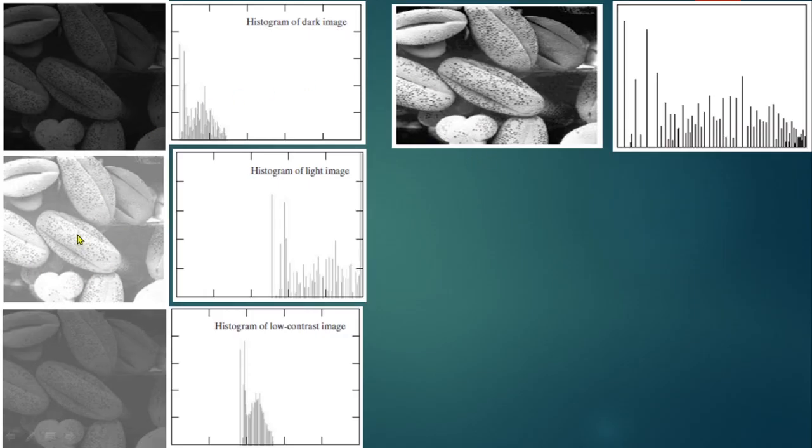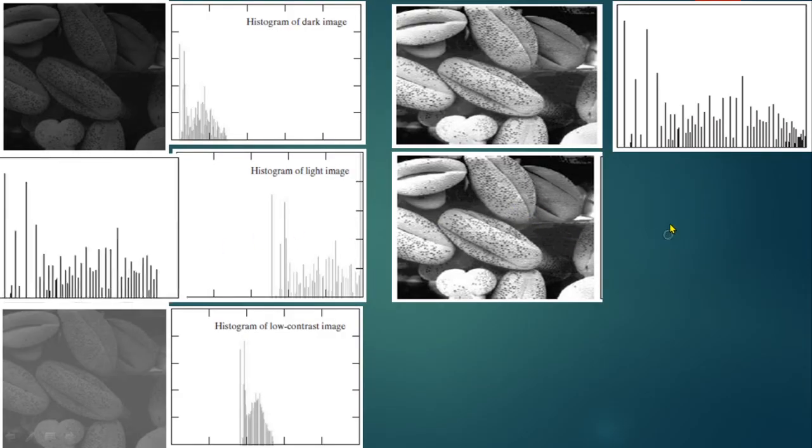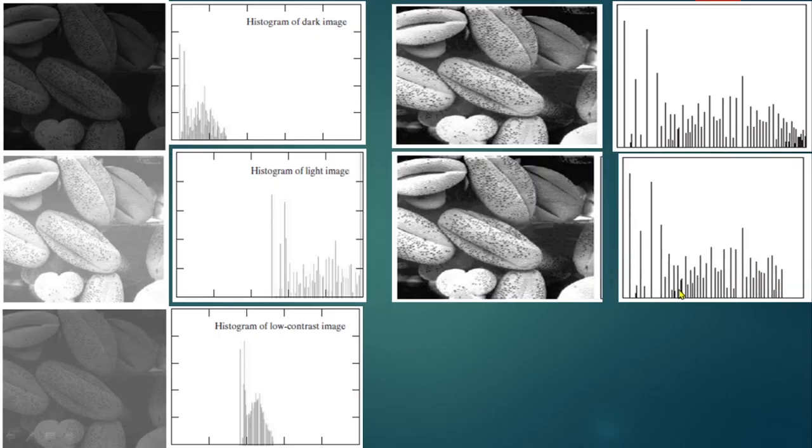Similarly, this is a bright image. All the pixels are occupying the high intensity levels. If you apply the histogram equalization on the image, then we get this enhanced image. If you observe this histogram, it also occupies almost all intensity levels.